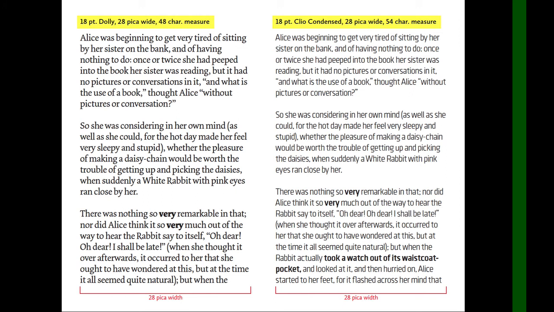So you can see we actually, and where do they end? On our left-hand sample, our last line is "it all seemed quite natural)," colon, but when the, and you can see that that text is actually on the 4th line from the bottom on the right.